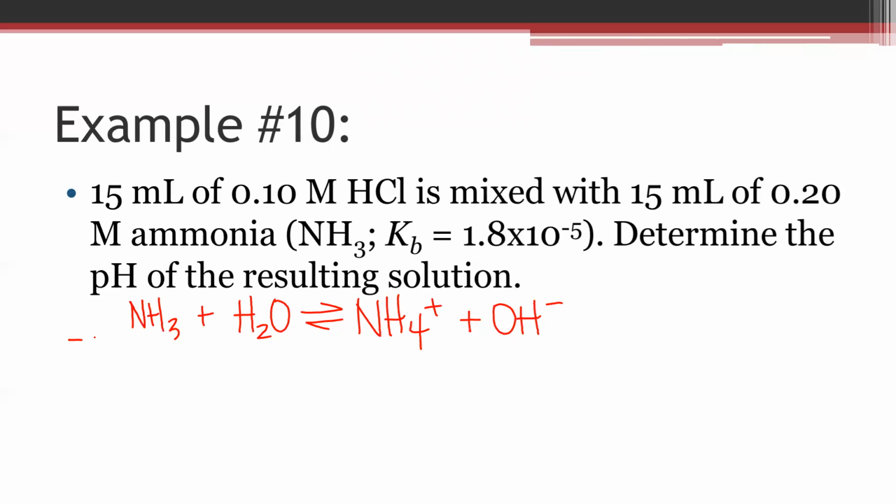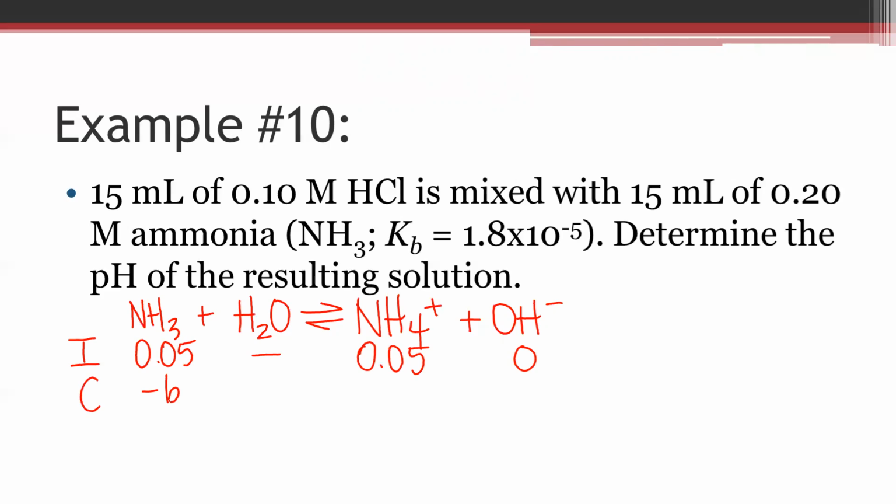Okay, so then initially, we're going to use what we just figured out from our before reaction after, and we've got 0.05 for the ammonia, and we do need to include that 0.05 for the NH4, and hydroxide is 0, because hydroxide is what we're trying to find here.